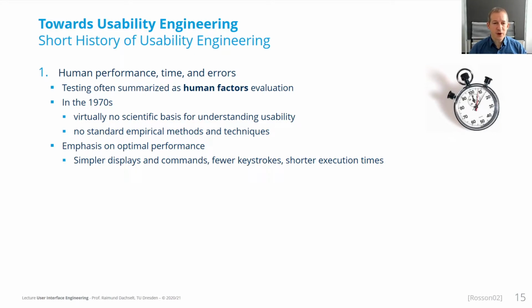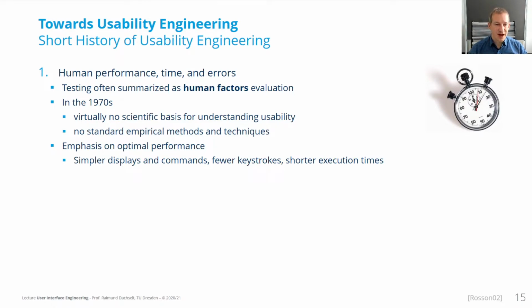But the emphasis was on optimal performance. That means to have simpler displays and maybe fewer or better commands which are more effective, to achieve a goal with fewer keystrokes, or to have shorter execution times. So it was all about measurable outcomes. That means it was about performance, time, error rates, and efficiency, basically.